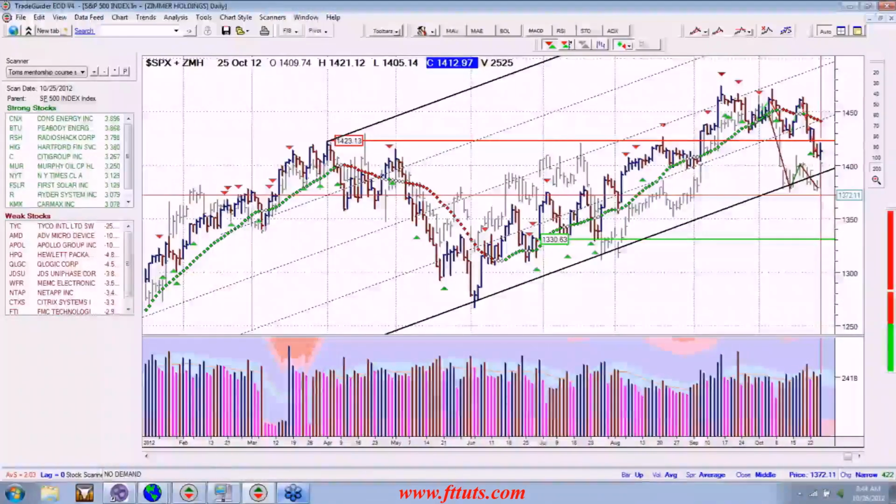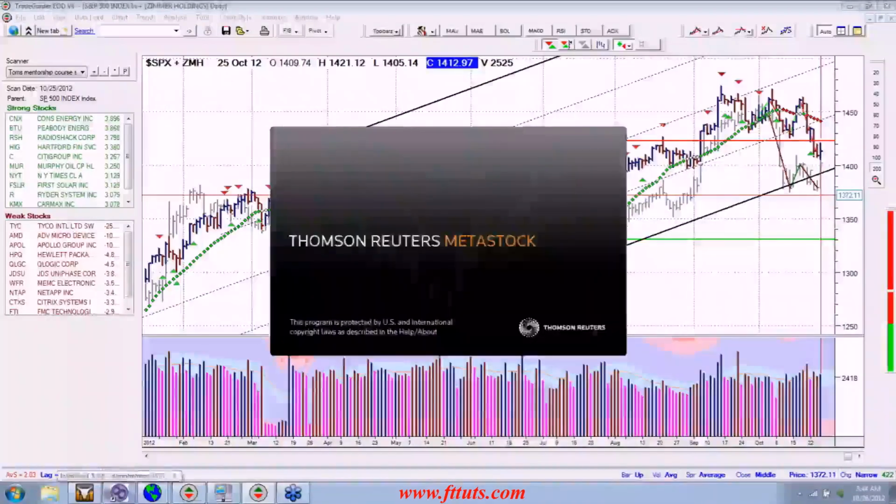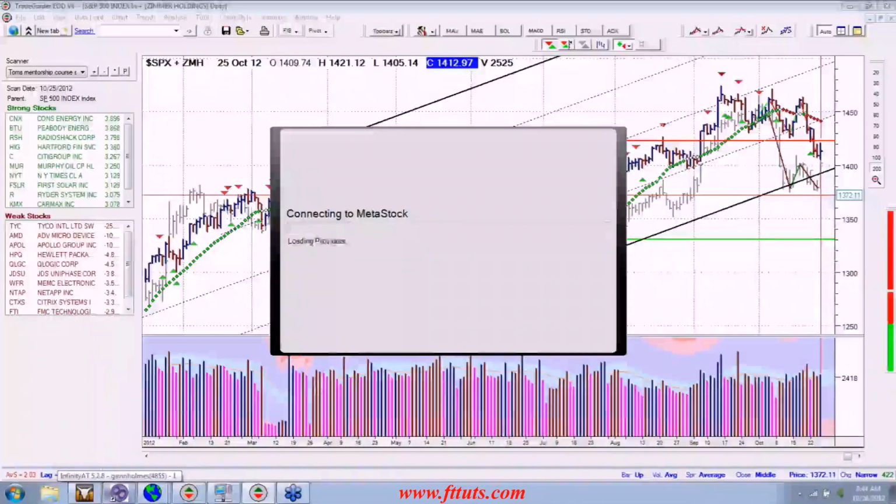If you've got high volume on up bars somewhere in the background, that means some market makers or whatever are selling. And if they're selling, you certainly don't want to be interested.